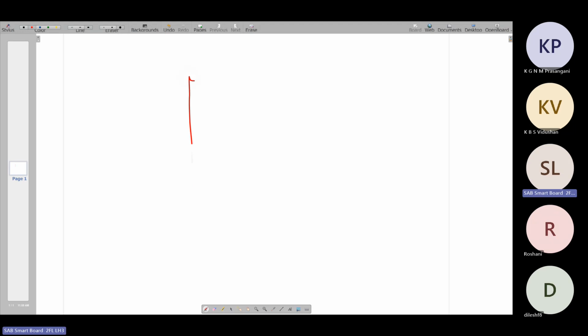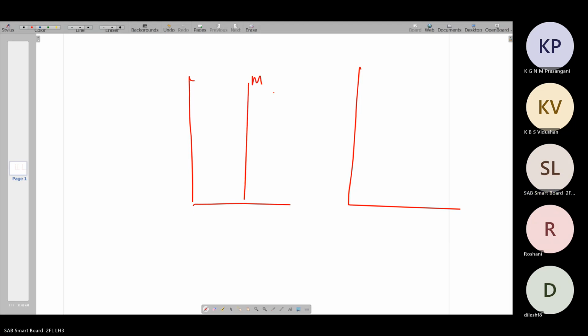we draw the money market. This is the money supply, and this is the money demand curve. It's at a very low level. The money demand curve becomes nearly horizontal at a lower level.